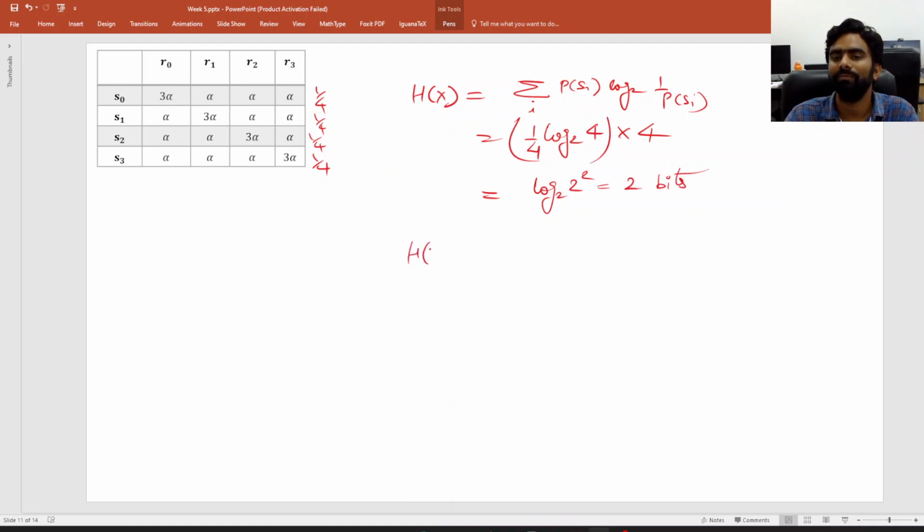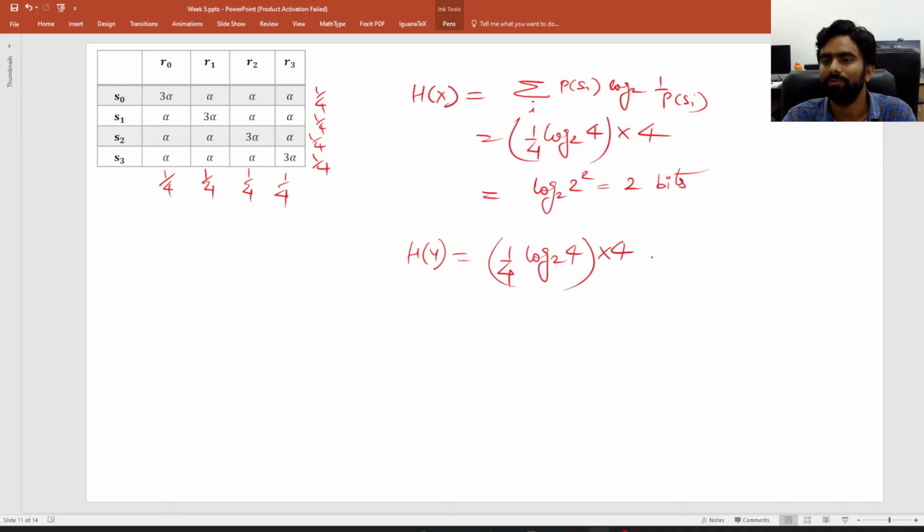Similarly, h of y would be 1 by 4 log 2 of 4, 4 times. We have seen that it is also equal to 2 bits.